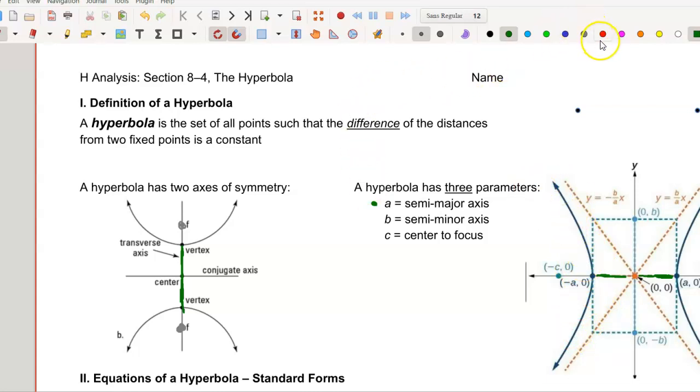We also have the minor axis, which is going the other direction, the B value, here. You'll notice B can be bigger than A, or A can be bigger than B, just depending on the different parameters of the equation.